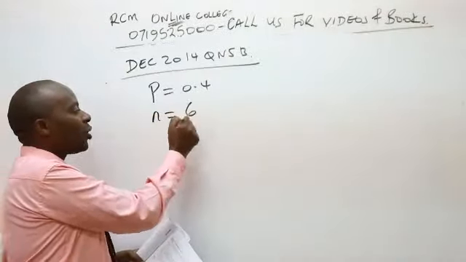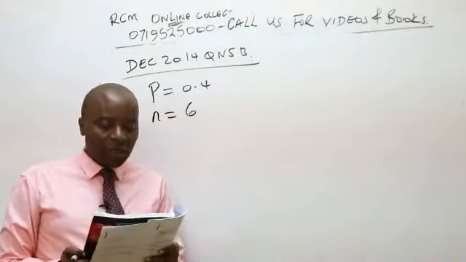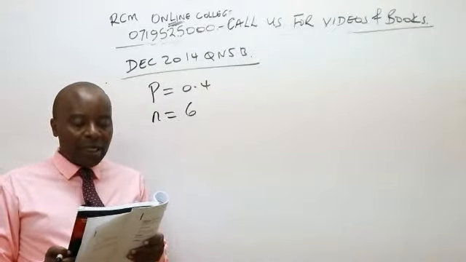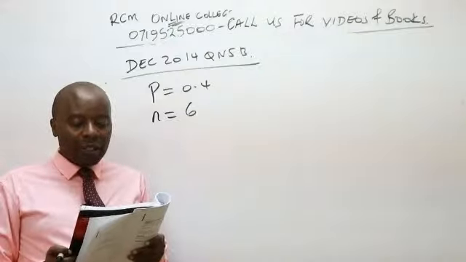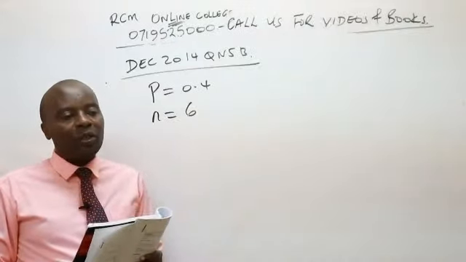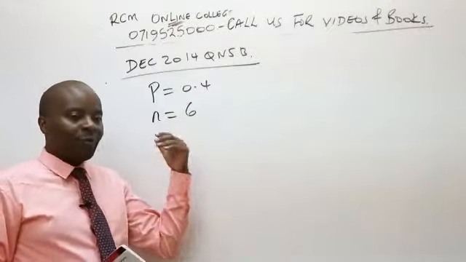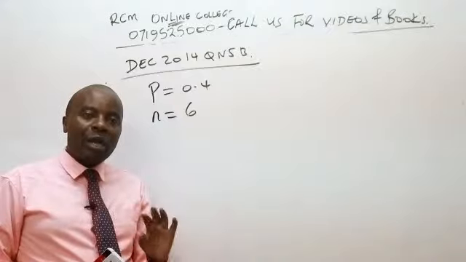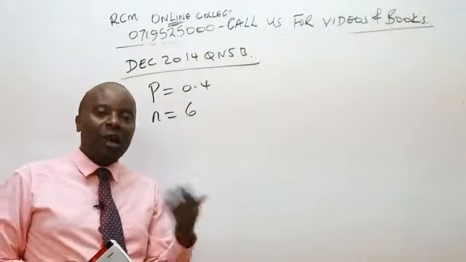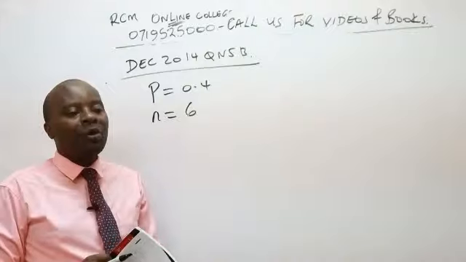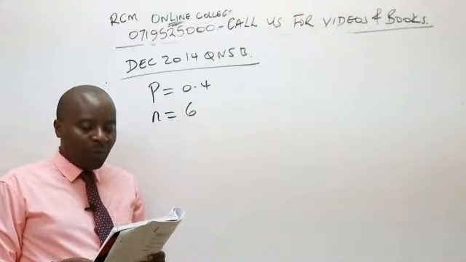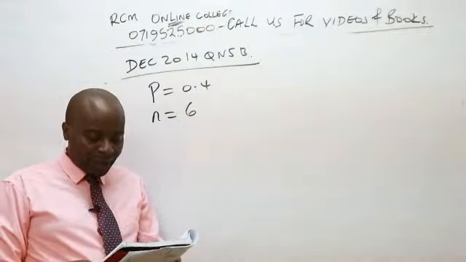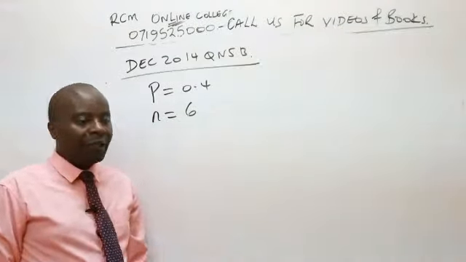So our n is 6. The probability that only one household was affected is too huge, 40%. And given that we have only 2 possible outcomes, either you are affected or not affected, then the better model to use is the binomial model.